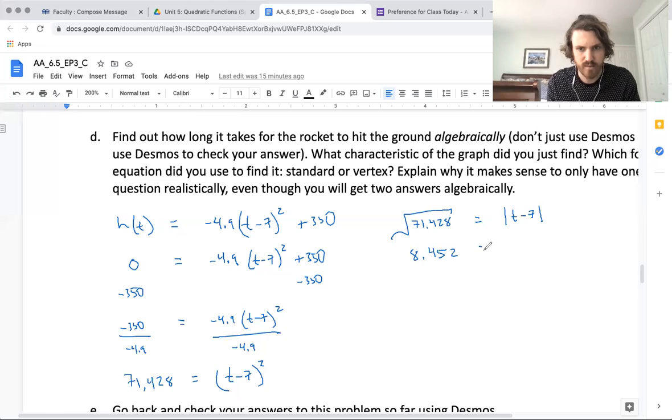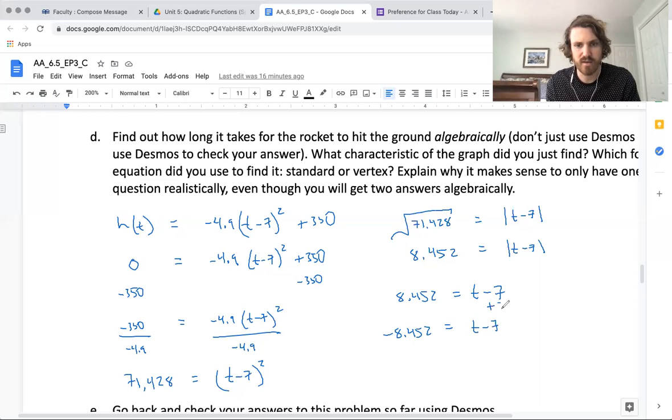8.452 is equal to the absolute value of t minus 7, which means that either 8.452 is equal to t minus 7 or negative 8.452 is equal to t minus 7.